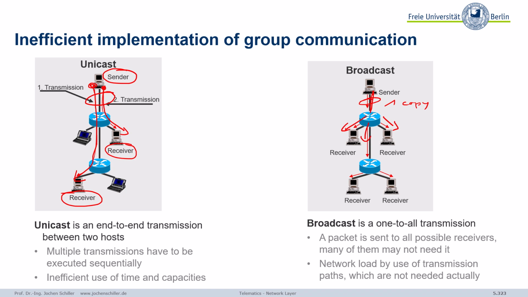So that's also not very efficient. So Unicast is not efficient because you increase the load on these first links, because you duplicate all the packets. Broadcast is not a good idea because you transmit to many receivers and maybe not everyone wants to see this concert, as an example. So what is the solution?